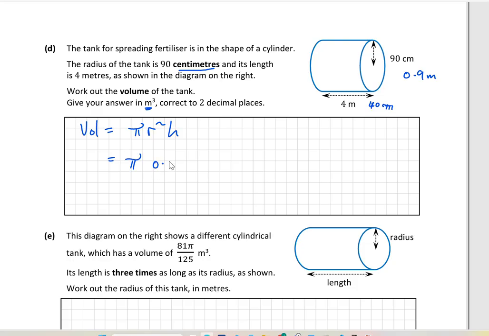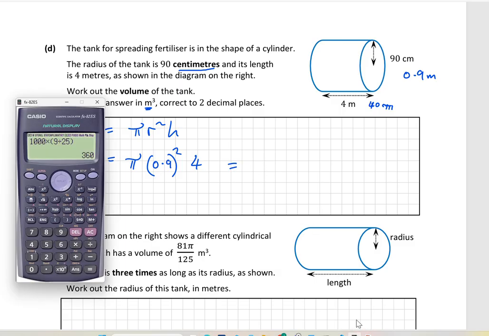So that's going to be 0.9 squared multiplied by h, which is 4 meters. Then I'm going to put that into the calculator: 0.9 squared multiplied by 4 multiplied by pi.